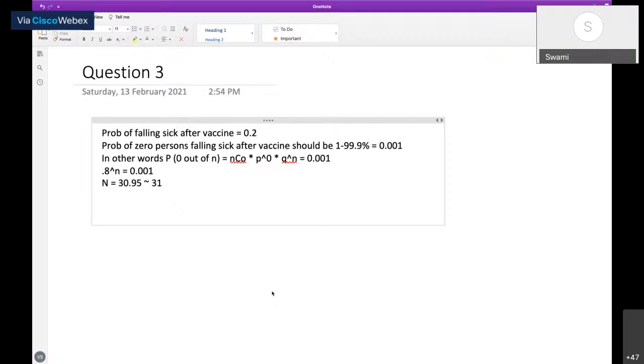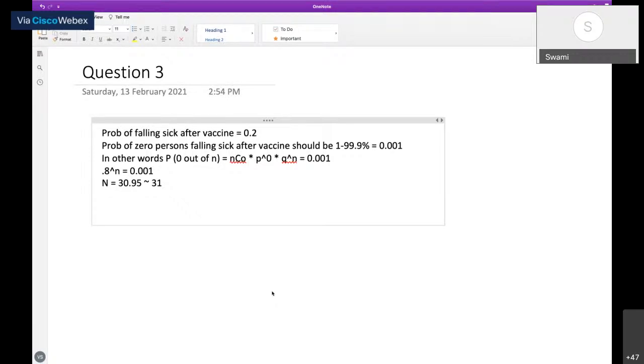It is a binomial distribution. It is given that the probability of falling sick after taking the vaccine is 0.2, and the question says the probability of at least one person falling sick after the vaccine should be 99.9%. In other words, the probability of nobody falling sick after taking the vaccine should be 1 minus 99.9%, that is 0.001.